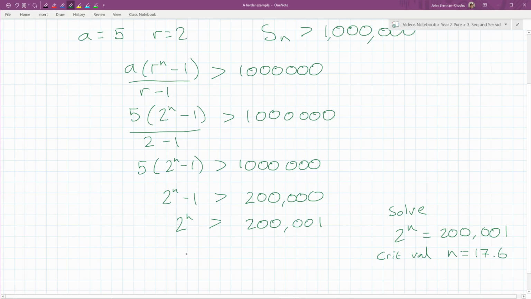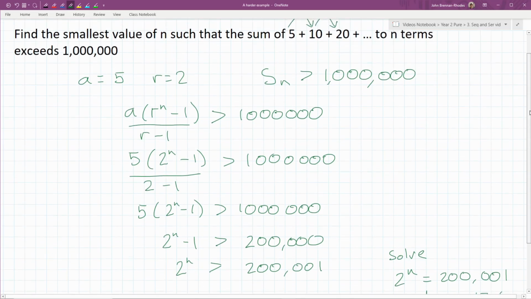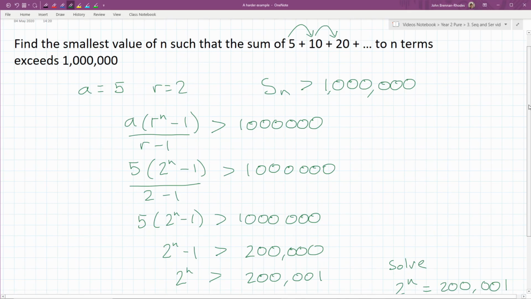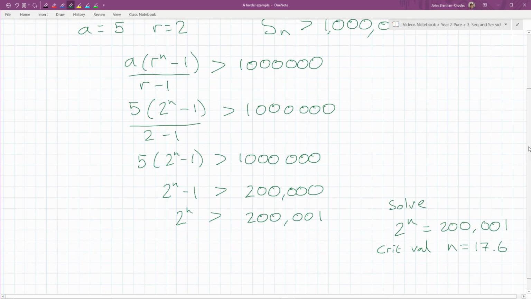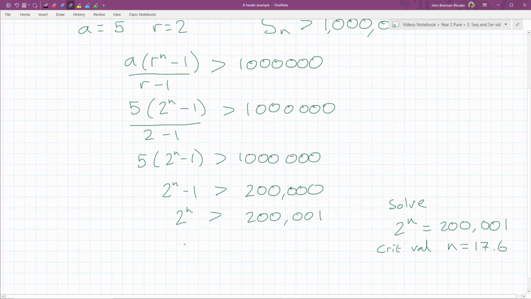And so we can see that since this is growing, and when does it first exceed 1 million, we need to go up 1, and so n equal to 18 is going to be the first time that this sequence exceeds 1 million.